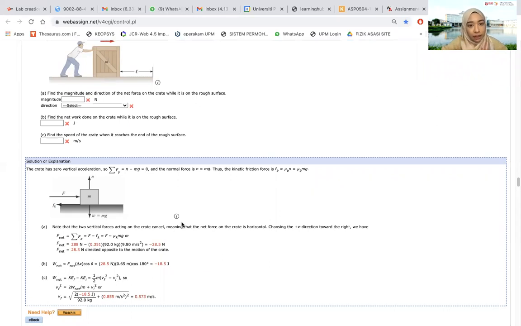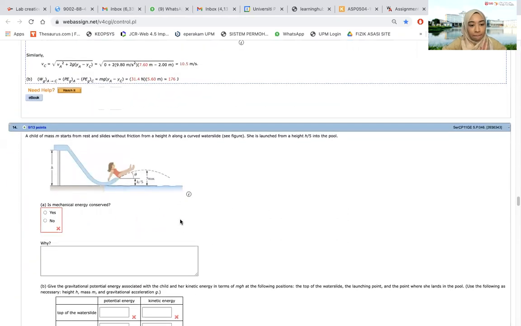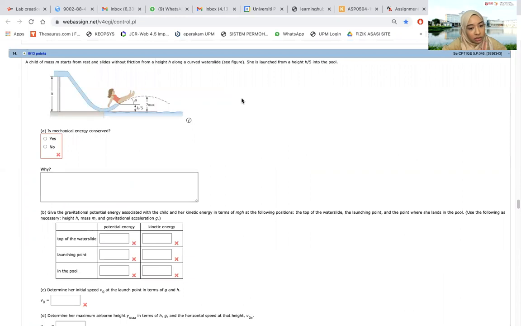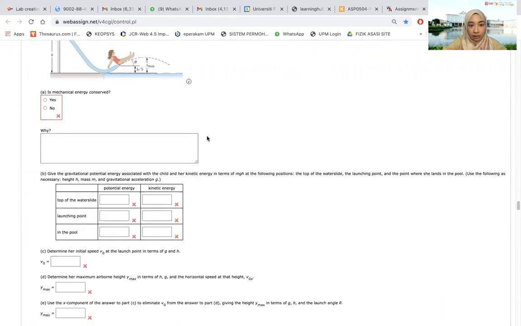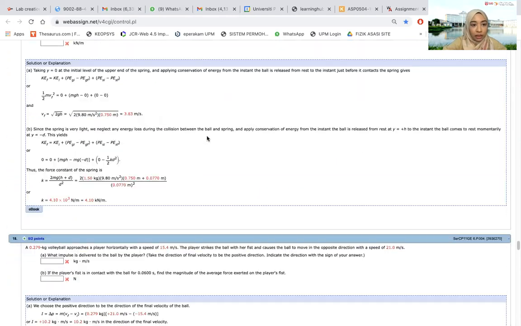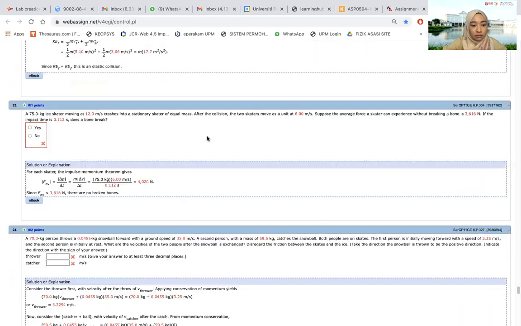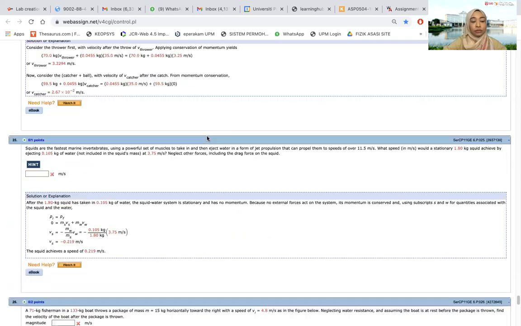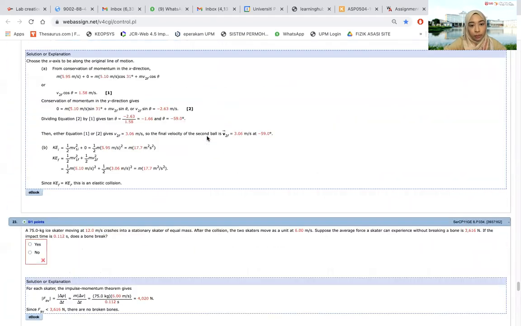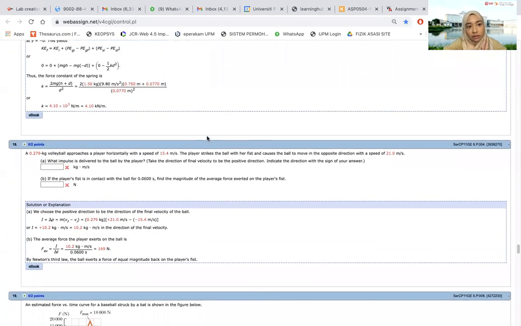I'm just putting it back in this one because I think it is relevant to your exam. Okay, some questions are not in your previous web assign, some are new because I think they are important. So please do that. Ada yang repeat, ada yang baru. So try your best. The solutions are there after 3 attempts.